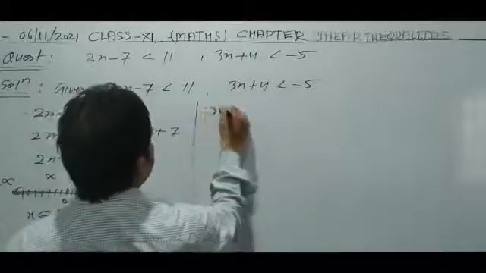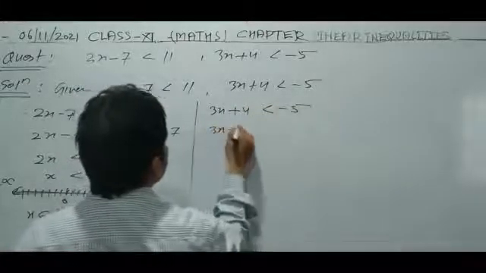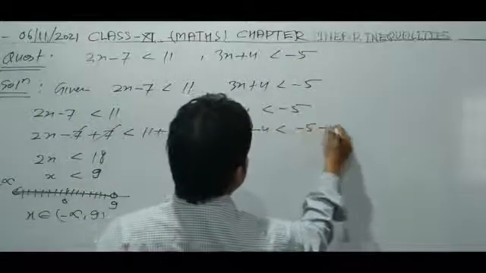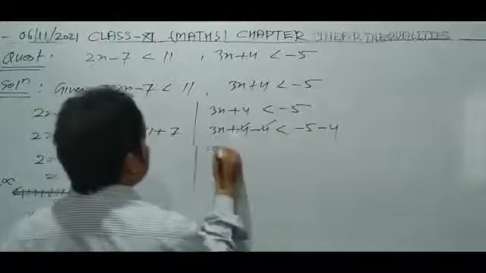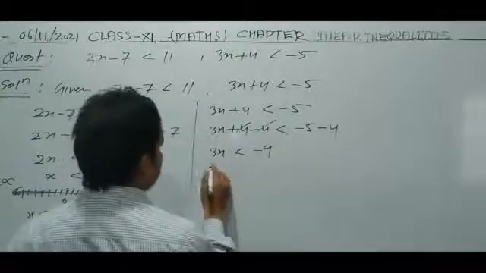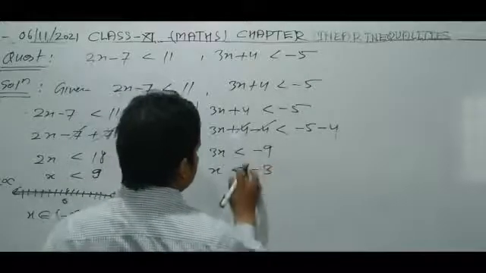Now see, the second is 3x plus 4 is less than minus 5. So 3x plus 4 minus 4 is less than minus 5 minus 4. Now this is cancelled, so 3x is less than minus 9. So divide by 3 on both sides. So the result will be x is less than minus 3.